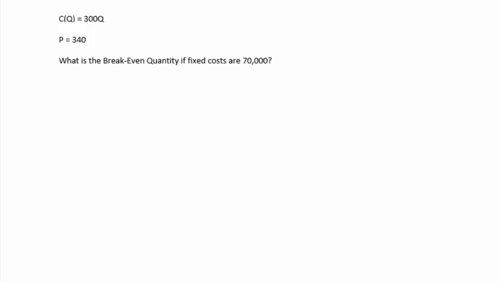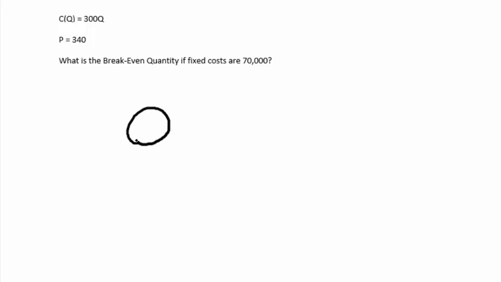Here we have another problem where they ask us to find the break-even quantity if they give us a cost function of 300Q, a price of 340, and a fixed cost of 70,000. So we would use the same break-even formula as before.